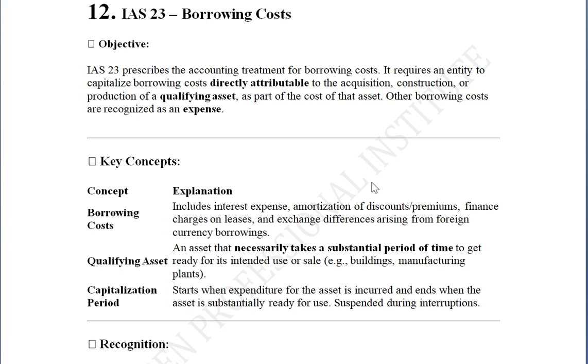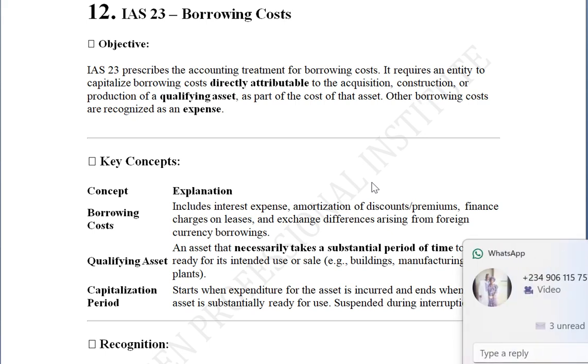Now it is expected that the loan will be paid back, let's assume, in 5 years time. The 500,000 will be paid back in 5 years time. And one of the conditions may just be that the lender tells you, okay, if you're able to pay this part of the 500,000 in 2 years time, we are going to give you a discount on the interest that you are paying.